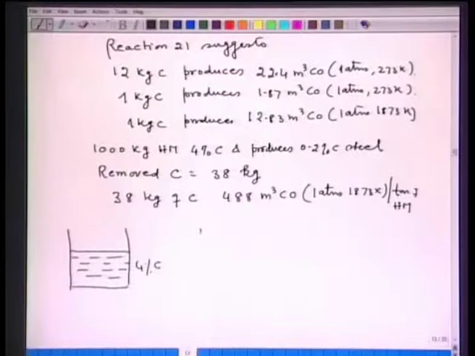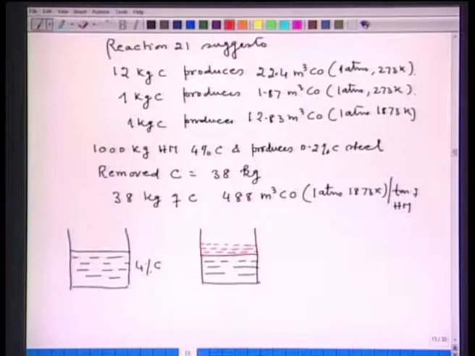Now, consider another extreme situation. I have here a metal bath, and on the top I have slag. Slag will form because you supply oxygen, and iron will oxidize to FeO.